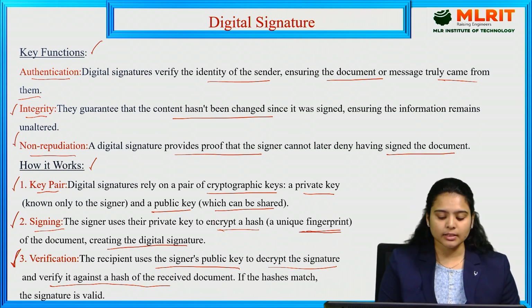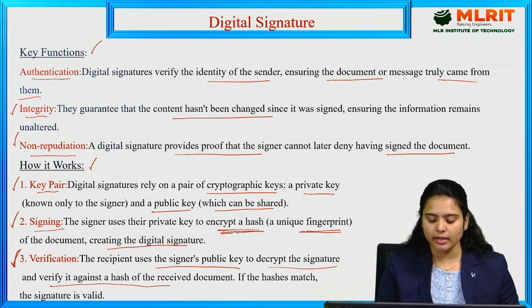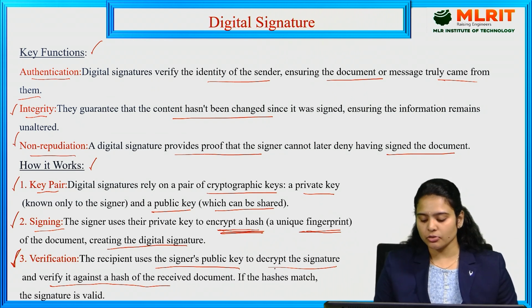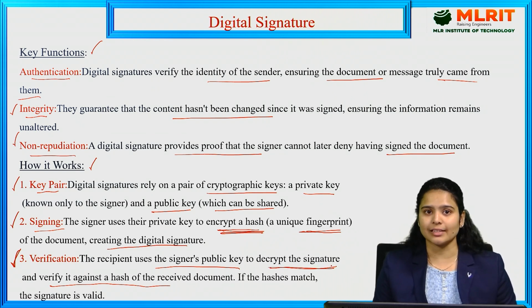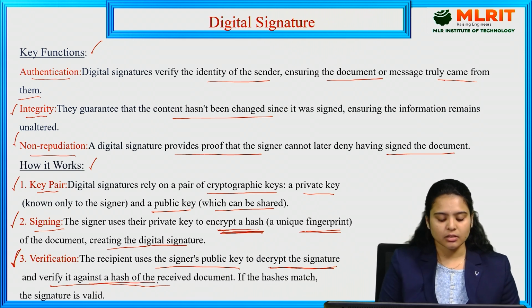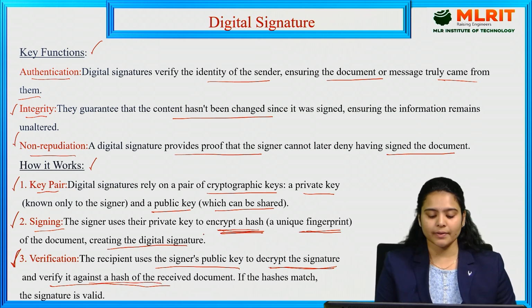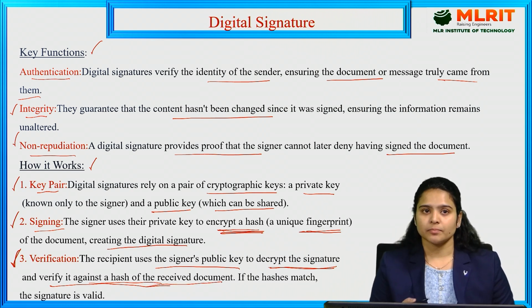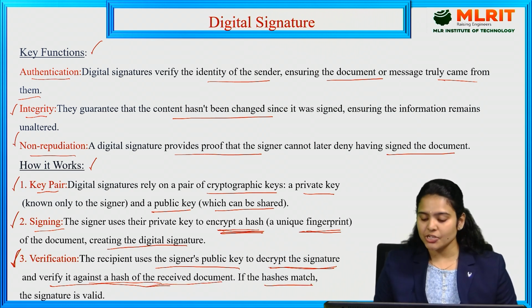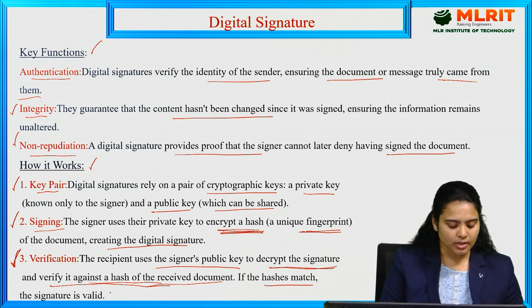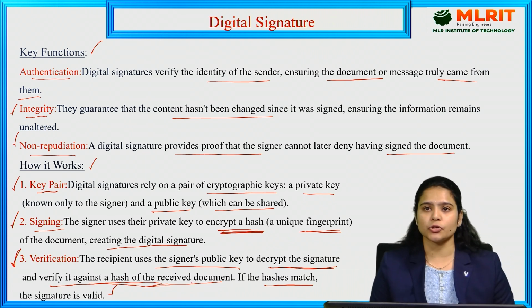After verification, the signature is decrypted and checked against the hash received from the signer. If the hashes match, the signature is valid. Otherwise, it is not valid.